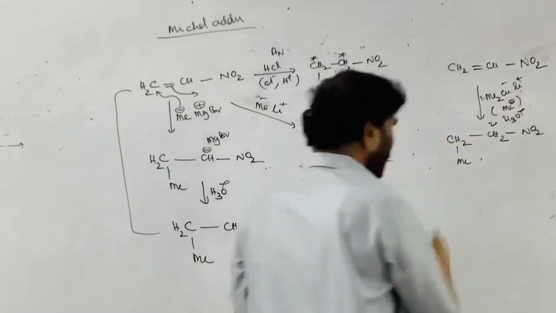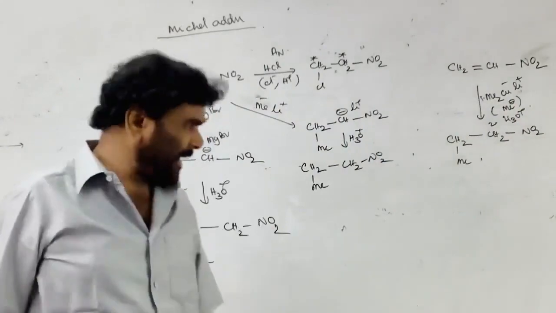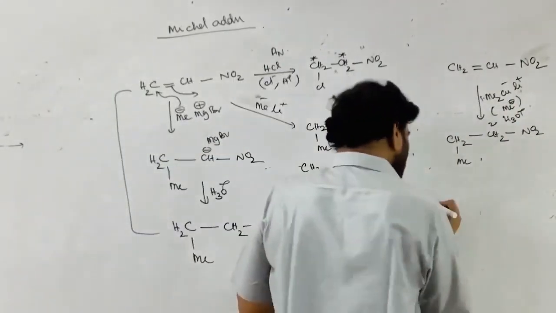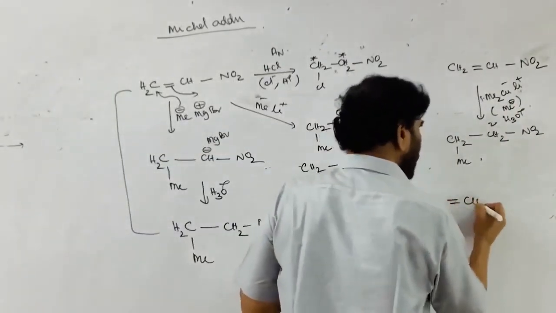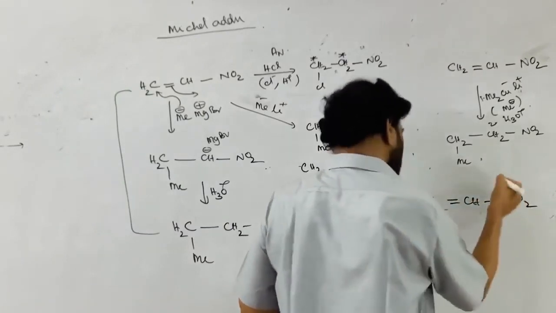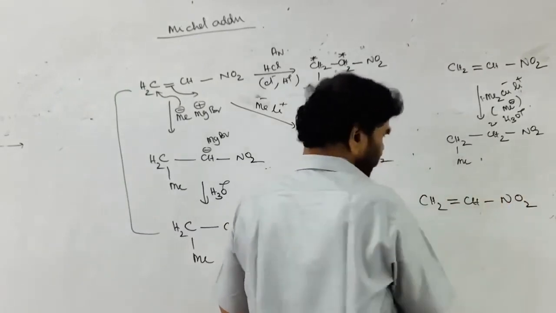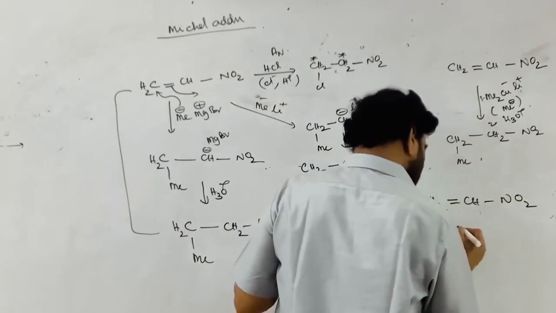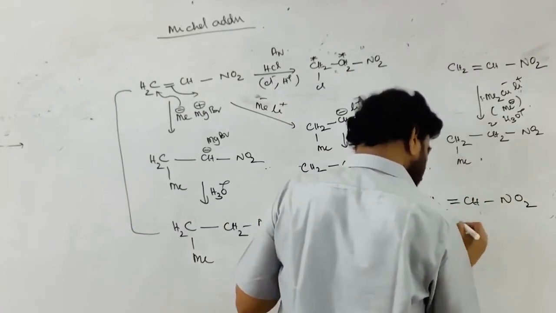These are all Michael addition reactions. Or let me take the same example: this is the nitro compound or two nitros or more nitros, then if it is treated with this.